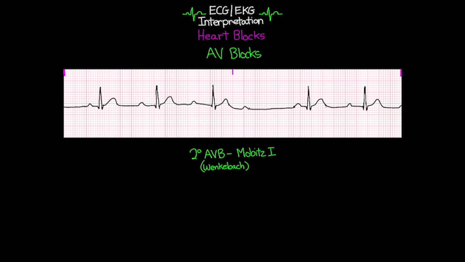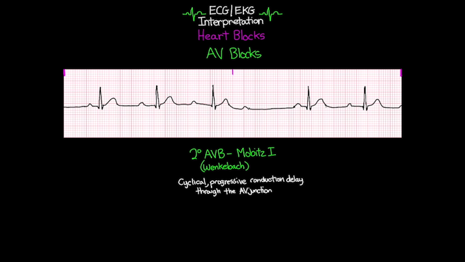So that problem is occurring in the AV node, which still happens to be susceptible to the parasympathetic response. And so what happens is you get this cyclical prolongation of that PR interval, followed by what we call a dropped QRS, which is essentially a P wave without a QRS complex.